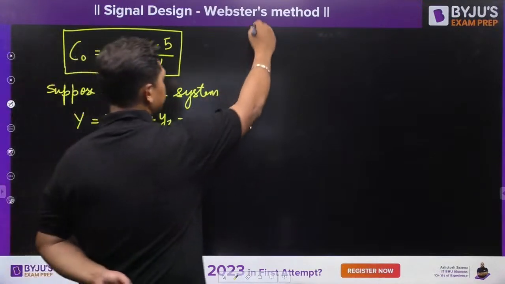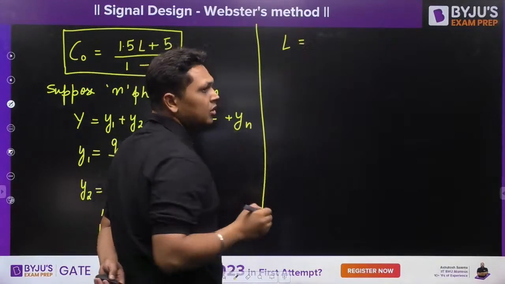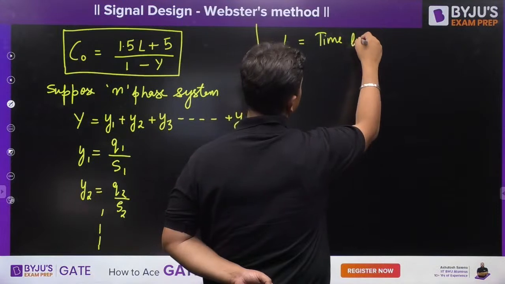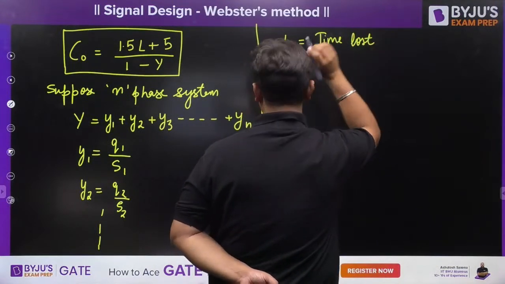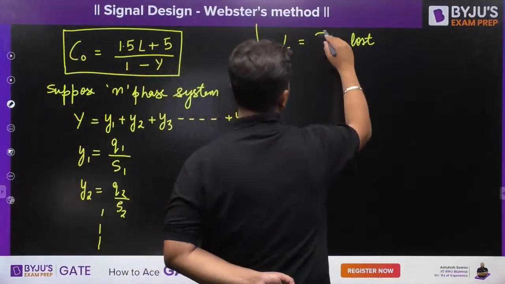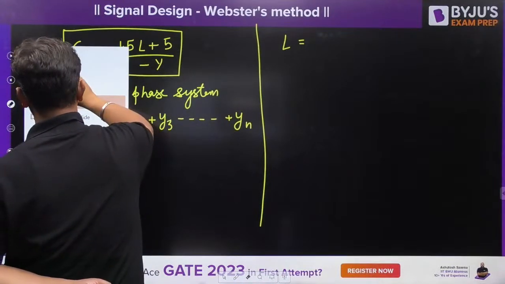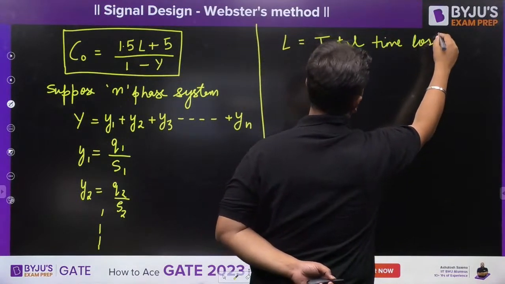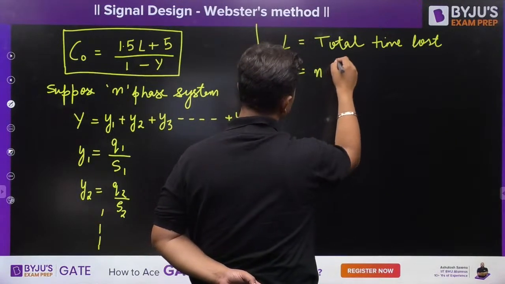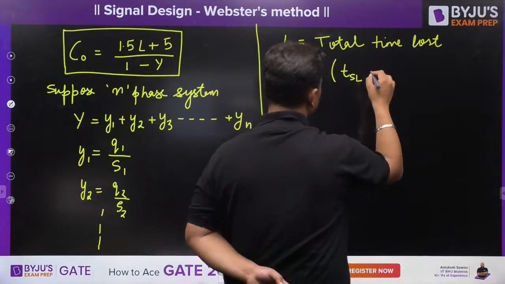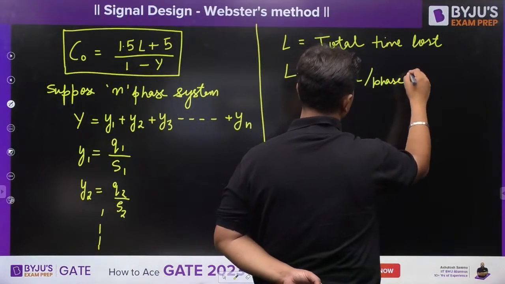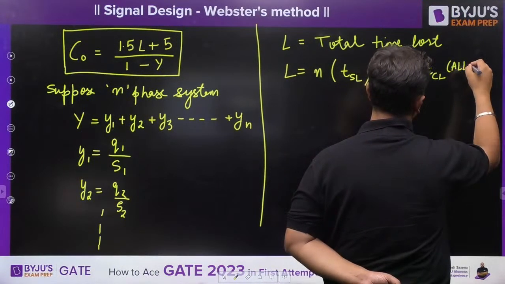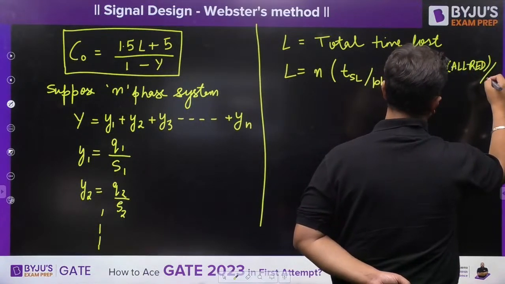Okay, what is L? It is equal to the total time lost, sorry, not per phase, total time lost, which is equal to the number of phases multiplied by the startup lost time per phase plus the clearance lost time, or all red time, per phase.